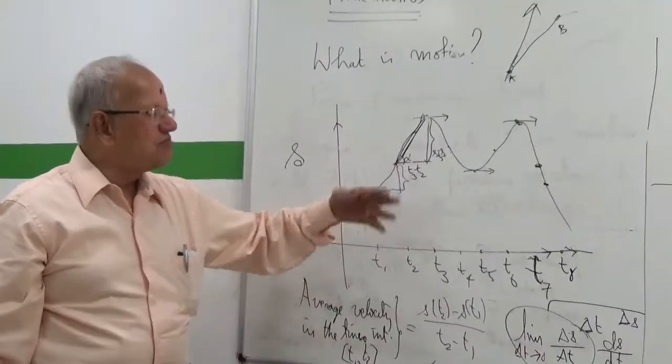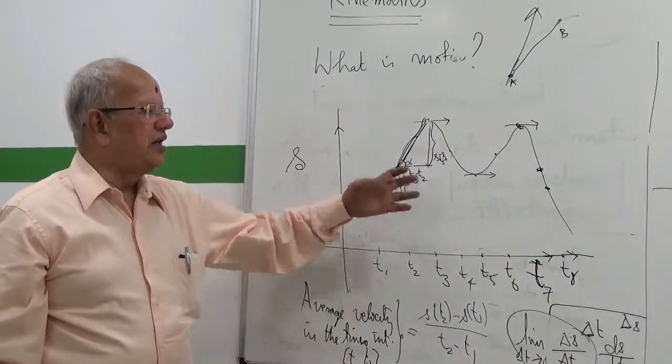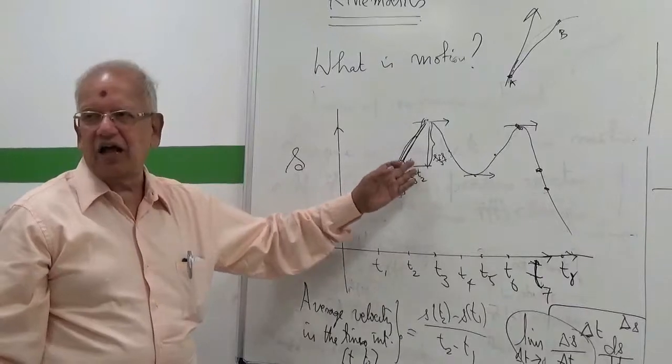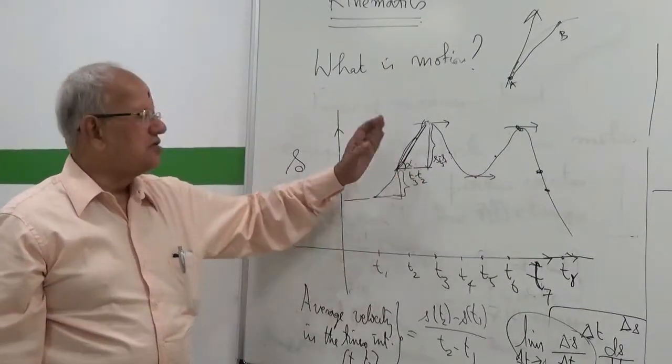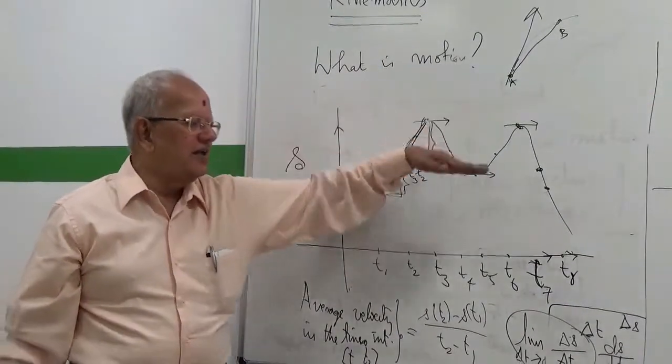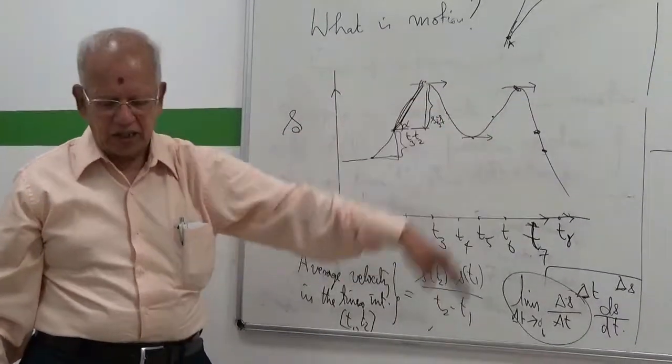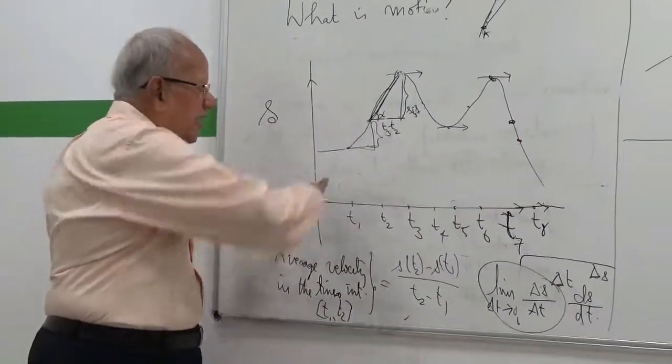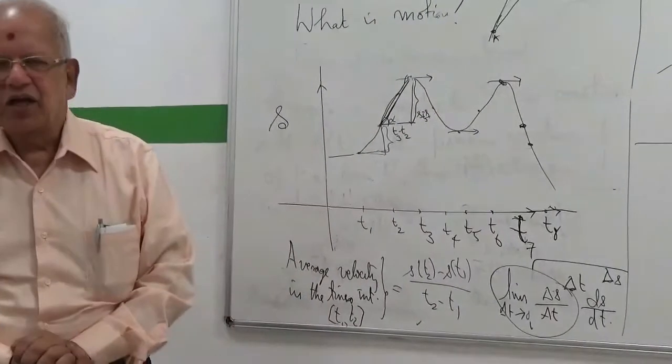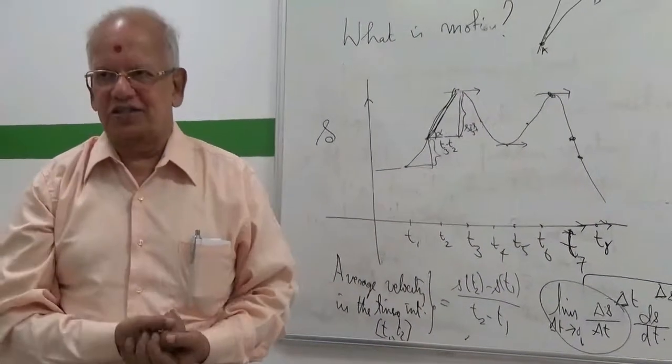So you see that positive, negative, or 0 depends on alpha in some sense. If alpha is 0, then the velocity becomes 0. So the velocity doesn't remain the same throughout. That we observe. So there is a change in velocity.